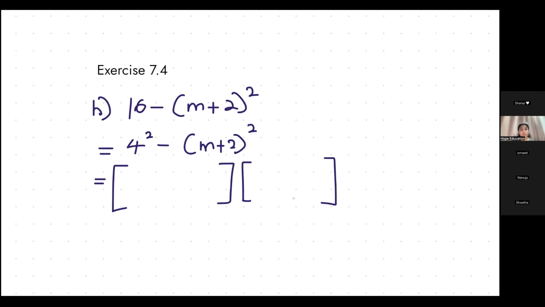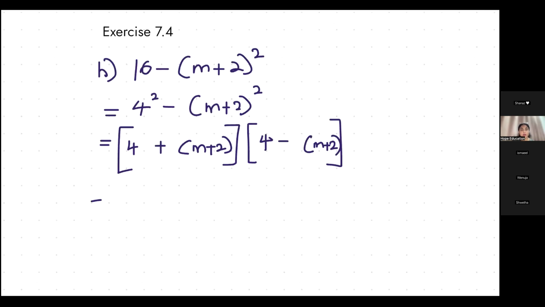I put 4 here, 4 here, m plus 2 here, the other one here. Here it's plus, here it's minus. Now let's simplify. 4 plus times plus is plus m. Plus times plus is plus 2.